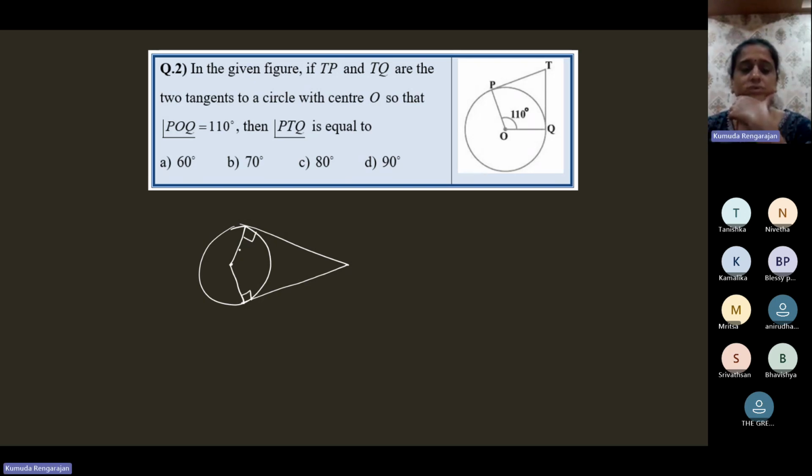All right, so if this angle is given to be 120 degrees, 120 plus 60 is 180. So this angle is 60 degrees. This one is always a cyclic quadrilateral because 90 plus 90 is 180, one pair of opposite angles are supplementary.